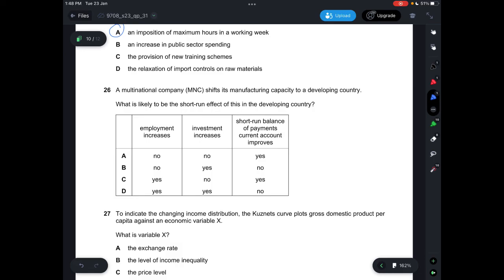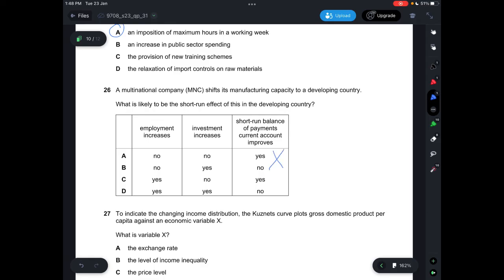Question 26, a multinational company shifts its manufacturing capacity to a developing country, and what is likely to be the short-run effect of this in the developing country? So it's shifting its manufacturing capacity to a developing country, meaning that it will hire more workers, so A and B is incorrect.